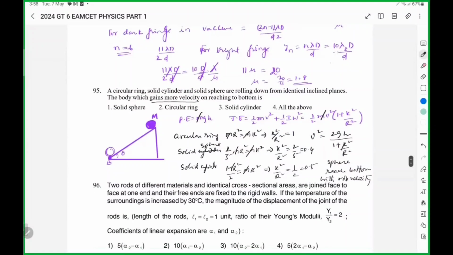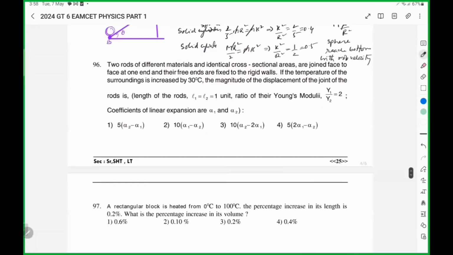For two rods of different materials, identical cross-sectional areas, joined face to face.